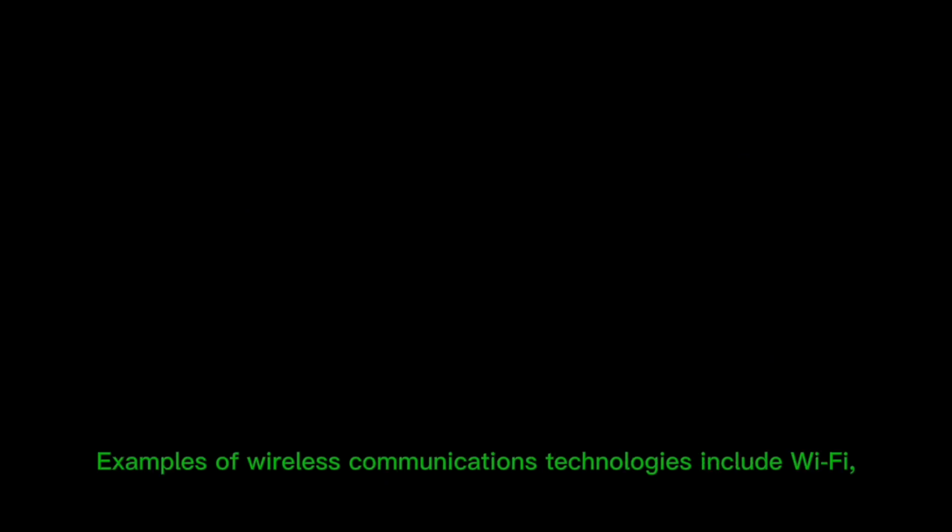Examples of wireless communications technologies include Wi-Fi, Bluetooth, and cellular radio, which are discussed below. Wi-Fi uses radio signals to provide high-speed internet and network connections to computers and devices capable of communicating via Wi-Fi. Most computers and many mobile devices, such as smartphones and portable media players, can connect to a Wi-Fi network.